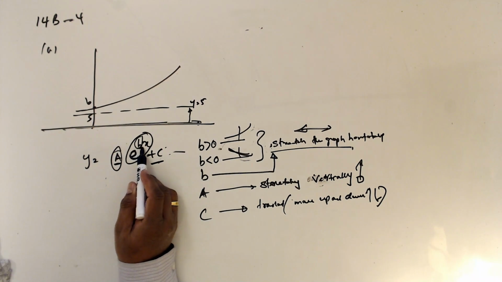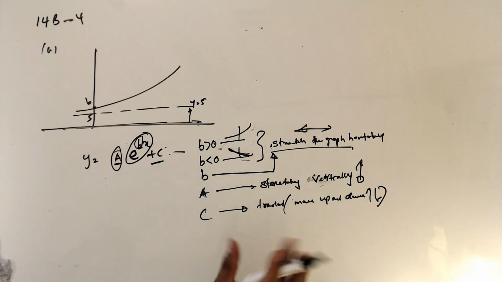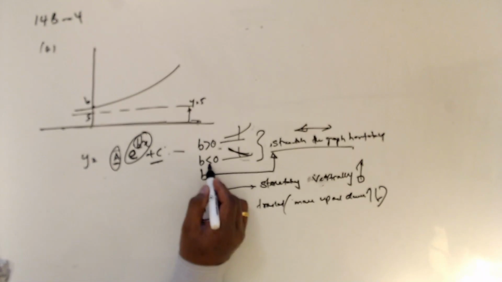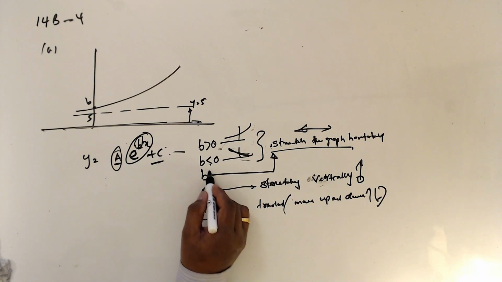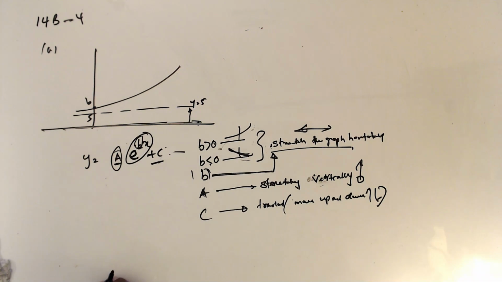This one's task is explaining the direction and the shape of the graph, with the positive and negative values, and the size, the magnitude, will decide the stretching along the x-axis. So that's how it always is. You have to look at it in that manner.